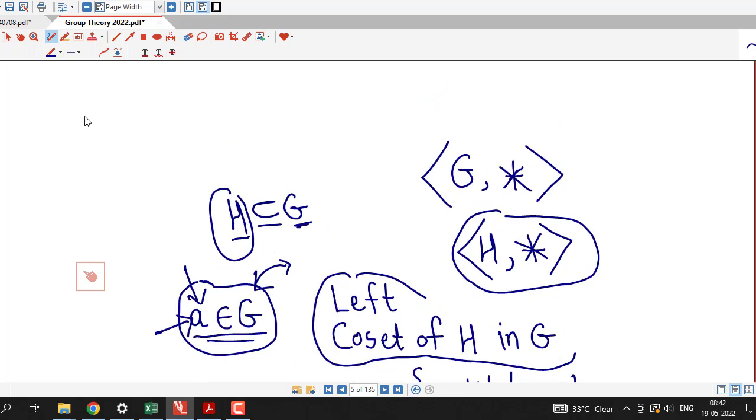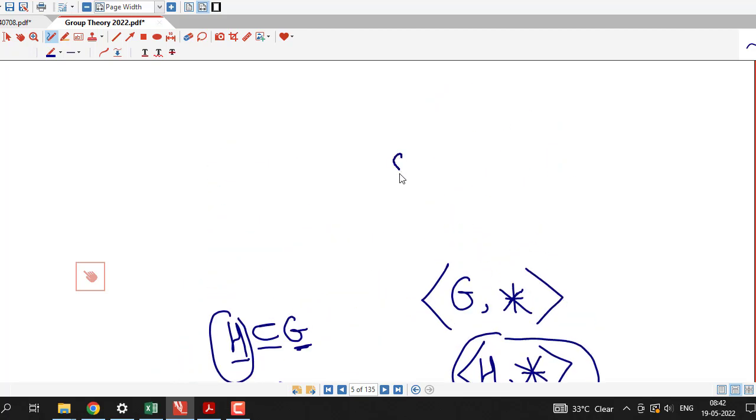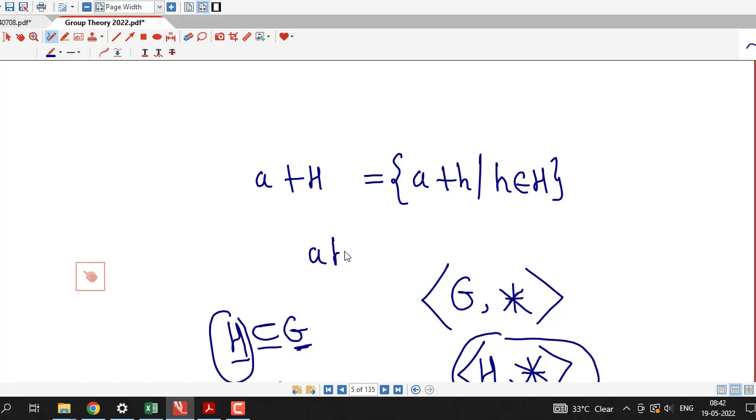Suppose our binary operation is addition, then the left coset will be a plus h, where h belongs to H, and we can denote it by a plus H. The common notation is aH, but here aH means we are considering the binary operation between the element a of the group and an element h of the given subgroup, and whatever operation is given, we have to apply that.